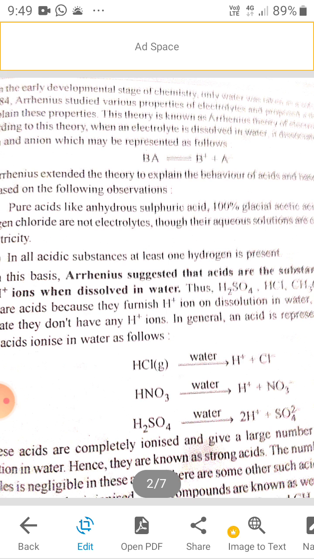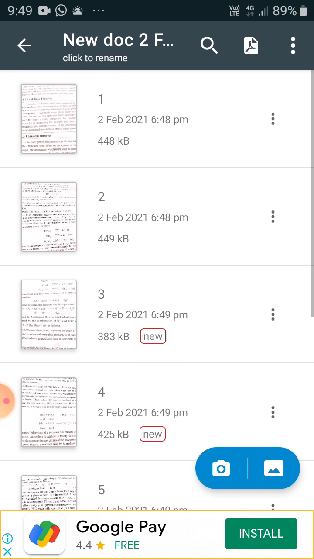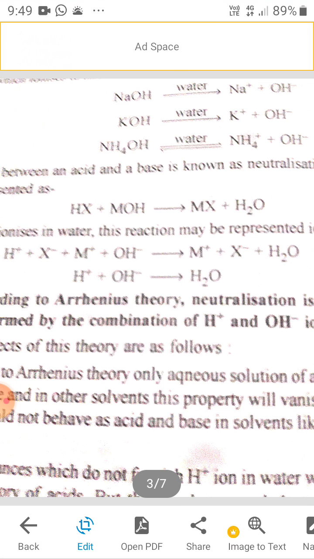And there are some acids which are weak, such as acetic acid and phosphoric acid. Bases are the substances which when dissolved in water give hydroxyl ion, such as sodium hydroxide, potassium hydroxide, ammonium hydroxide, and so on.